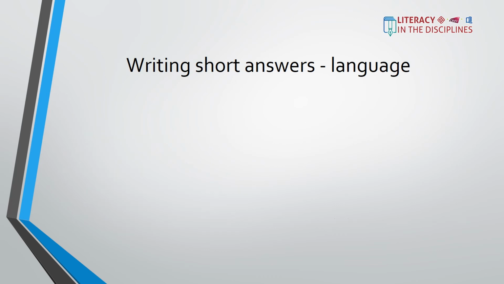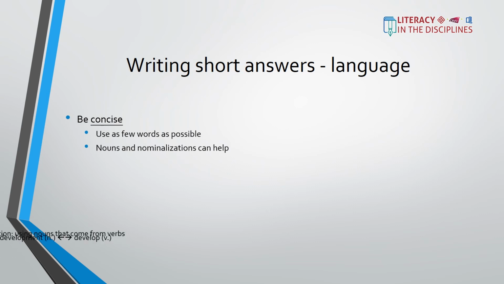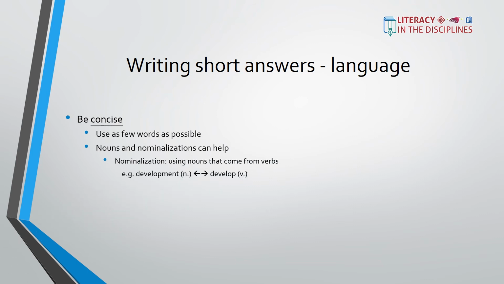Next, express yourself concisely. This means explaining as much as you can in as few words as possible. Concise basically means short, and it is particularly important in short answers because you have a very limited number of words to show your knowledge and understanding. One way it can be achieved in engineering writing is by using nouns and nominalizations. Nominalization means using nouns that come from verbs.